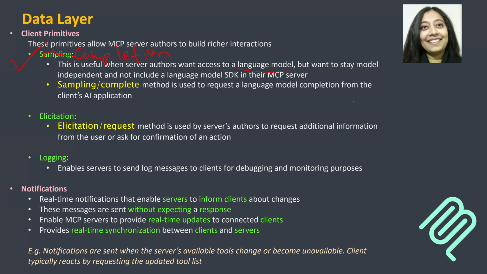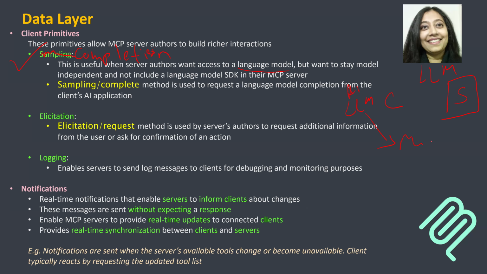So let's say you have clients, you have servers, and these servers want to remain LLM agnostic. So there's an LLM also over here, in the AI application. Now, this server does not really care what kind of LLM the application uses.